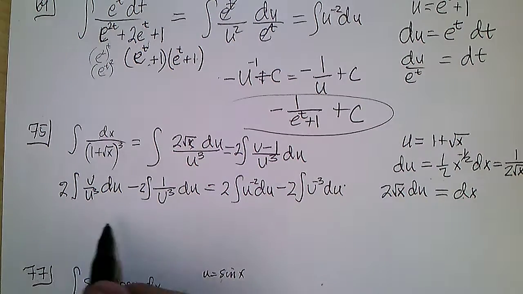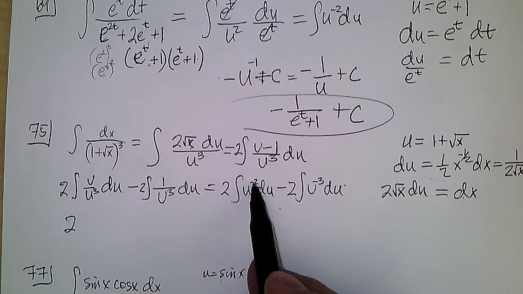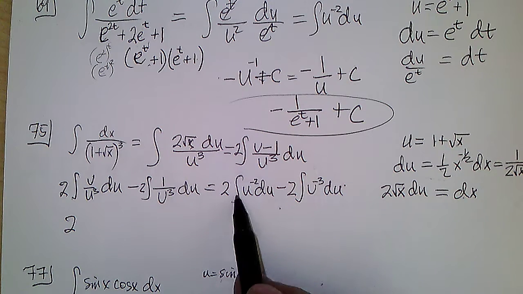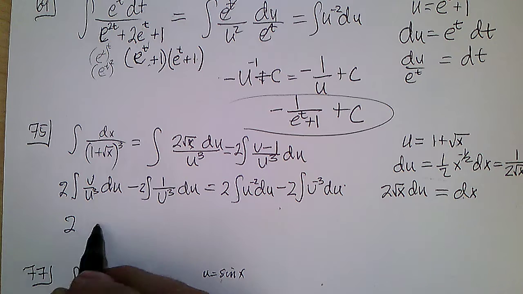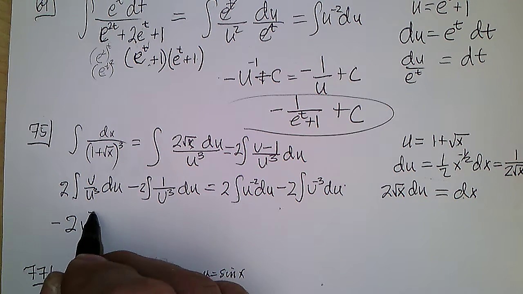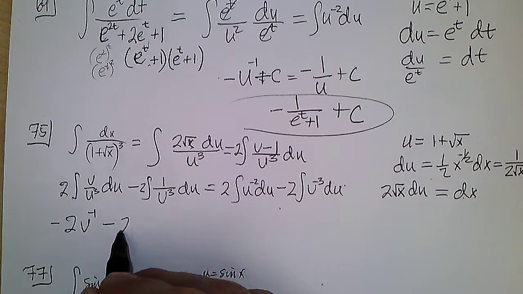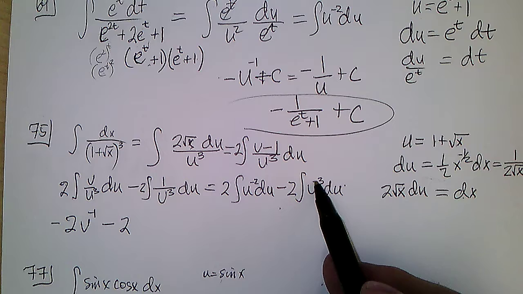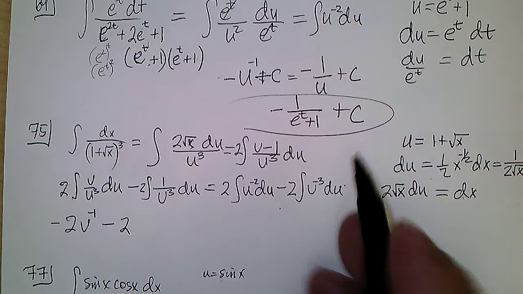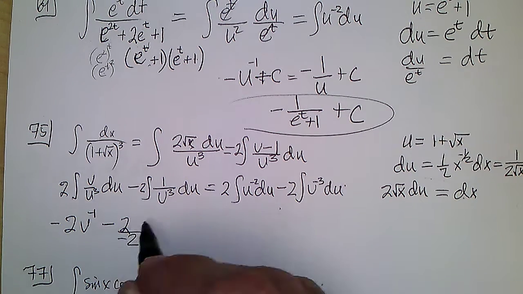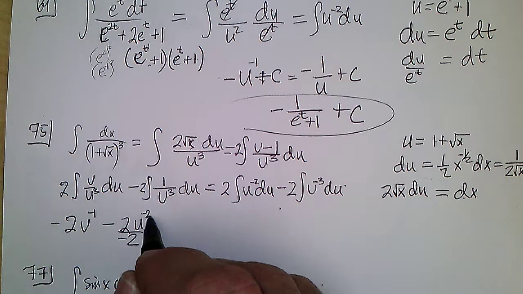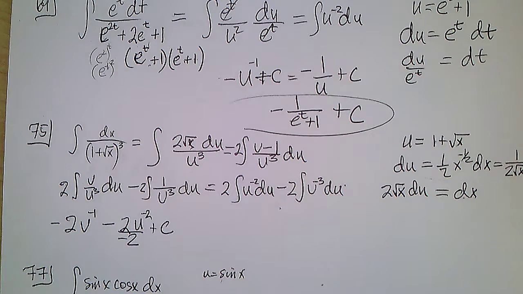So this becomes minus 2, add 1, so it's minus 1, and divide by minus 1, which is just like a minus, u to the minus 1, minus, we increase by 1, would be minus 2, so we got to divide by minus 2, u to the minus 2, plus c.